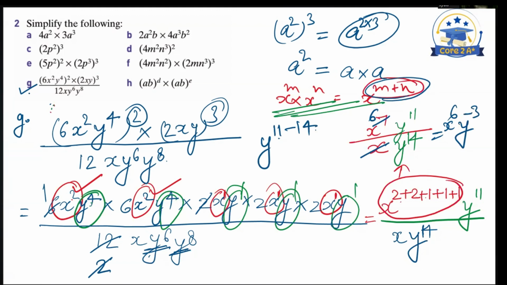Obviously, minus 3, right? Or you could also write it like this: x to the power 6 over y to the power 3, right? If you have negative exponents, it means the whole thing would be in the denominator. I hope you got this.